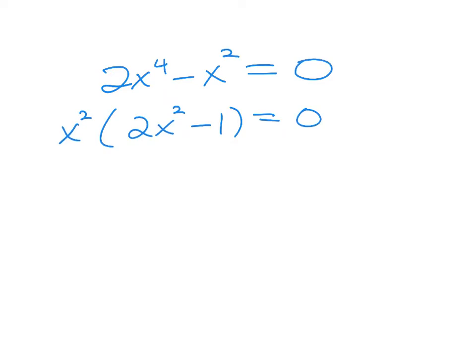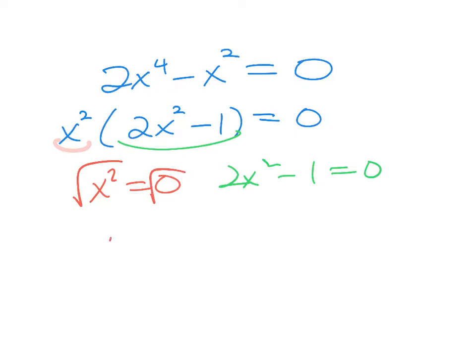Notice on this one, I can't factor what remained, so now I'm just going to set each factor equal to 0. So x squared equals 0, and then I'm going to set this one equal to 0: 2x squared minus 1 equals 0. Over here, when I square root this, I just get x equals 0.